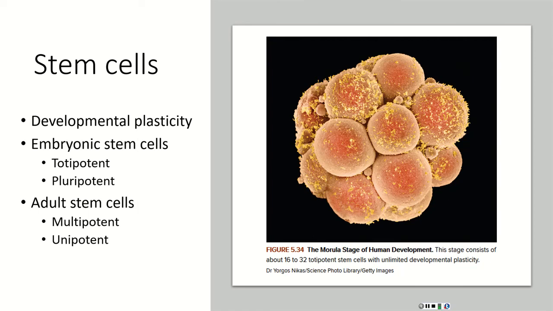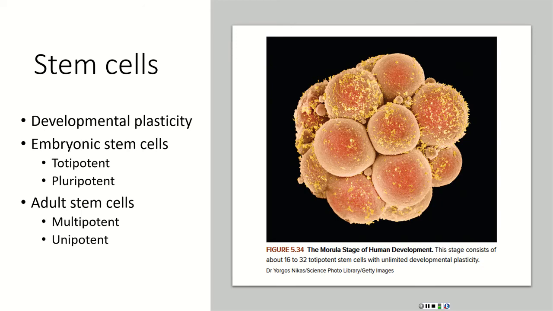And finally, there are unipotent stem cells. Unipotent stem cells can only produce one single cell type. For example, in males, the testes have cells that are dividing to produce sperm cells. But all that they can produce are more sperm cells. So they are unipotent.